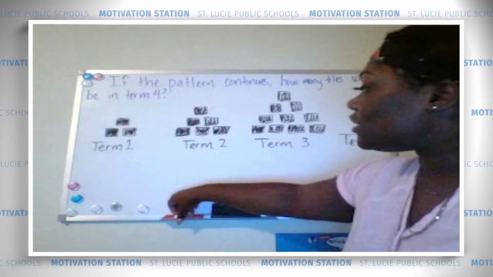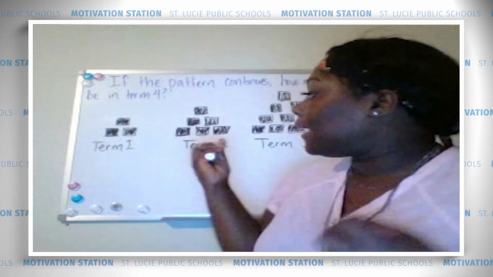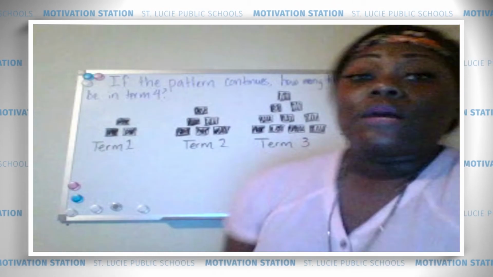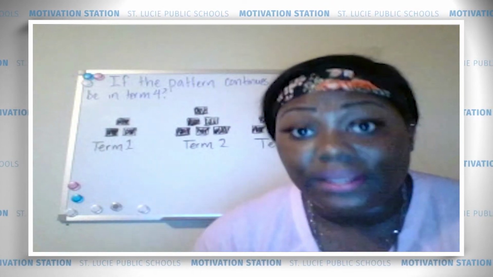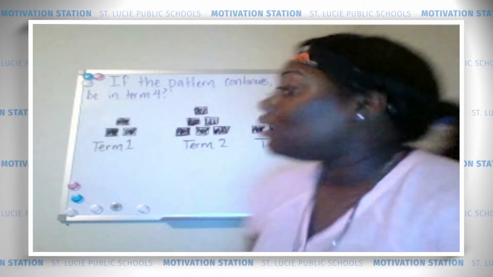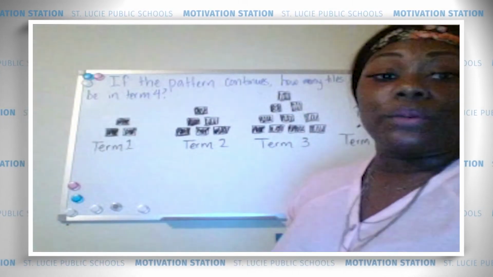When I'm working with shape patterns, I like to write numbers, because if I start writing numbers, my brain is going to start making connections from one term to the next. How many tiles do you see in term 1?